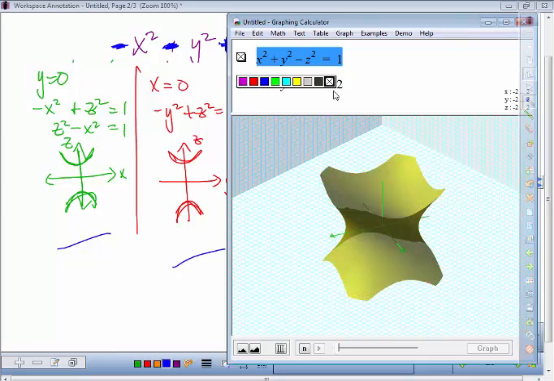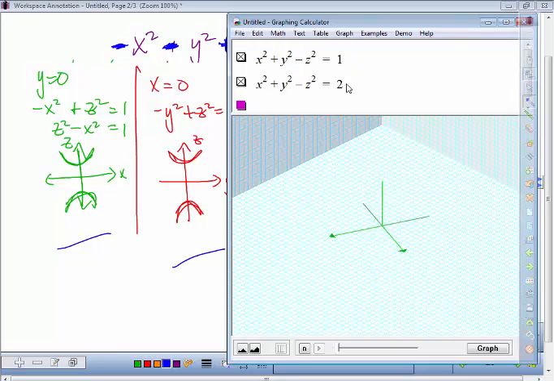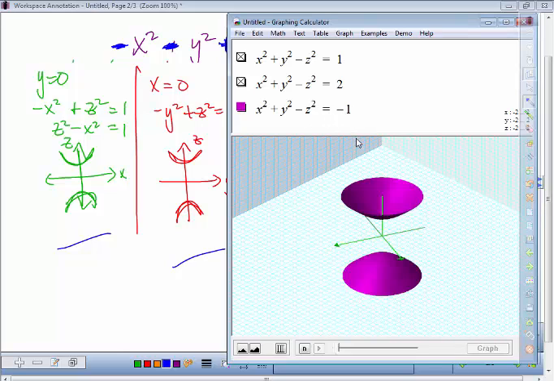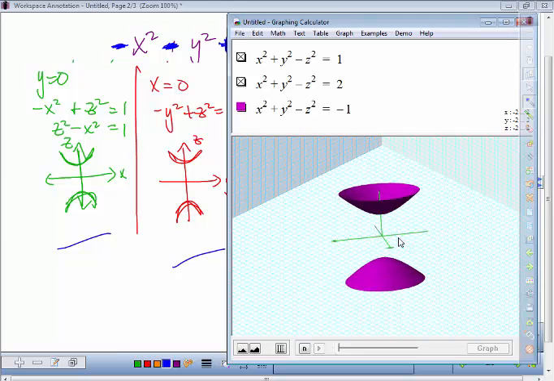And would it be fair to say that a hyperboloid of 2 sheets, if you take a look at this equation, instead of putting a negative x squared minus y squared plus z squared is equal to positive 1, I can just say positive x squared plus y squared minus z squared is equal to negative 1. If we take a look at the graph of that, you'll see that now it's hyperboloids going across.